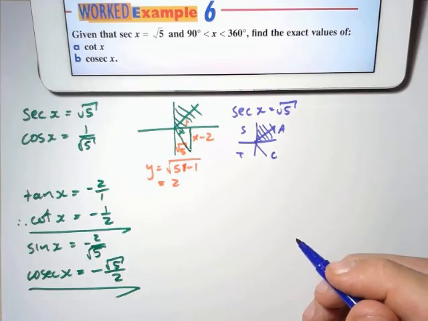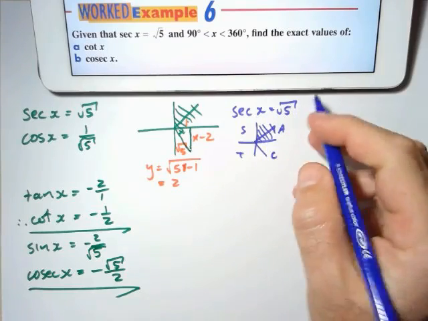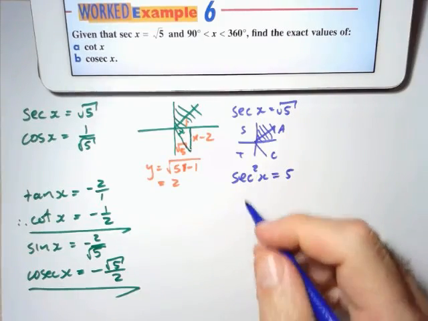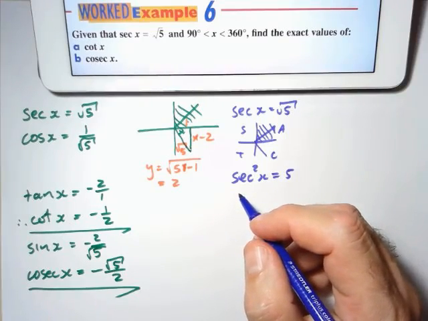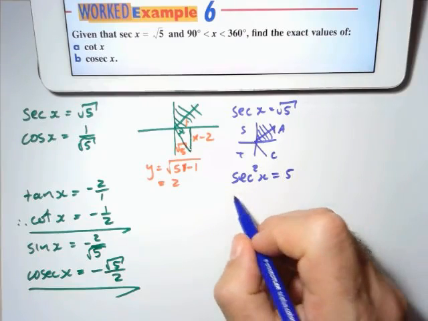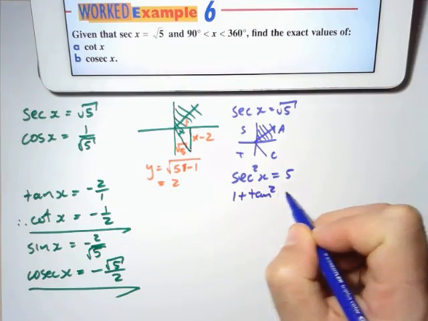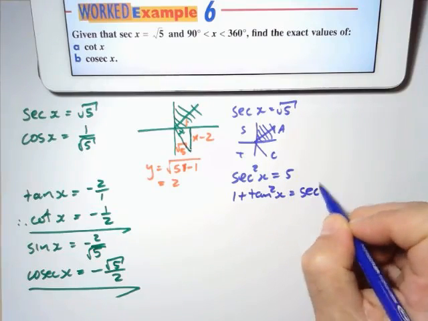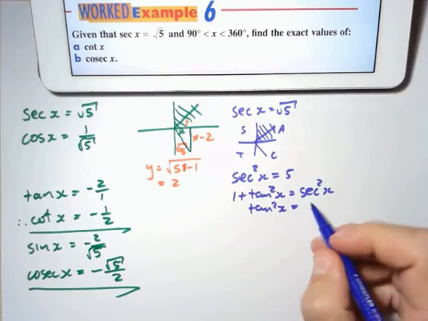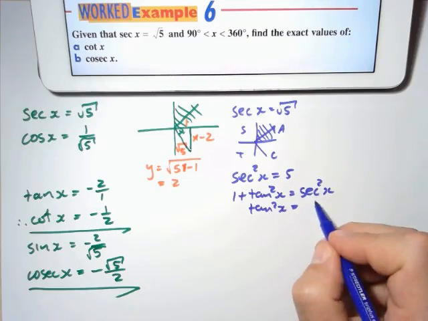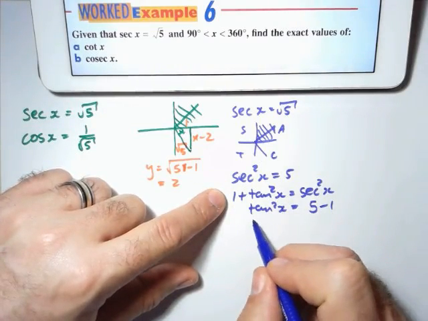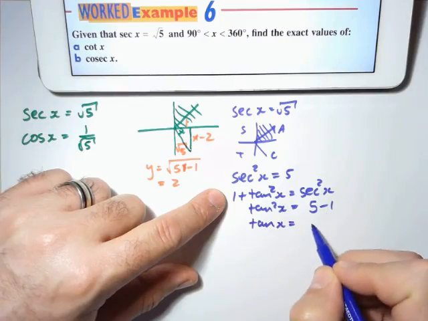I'm then going to use my Pythagorean theorem. If sec x is square root 5, then sec squared x will equal 5. I also know that according to my Pythagorean identities, tan squared x equals sec squared x minus 1. Sec squared is 5, and subtracting 1 means tan squared x equals 5 minus 1, which is 4.